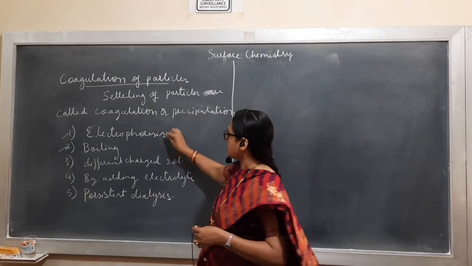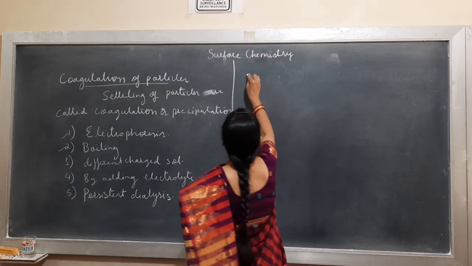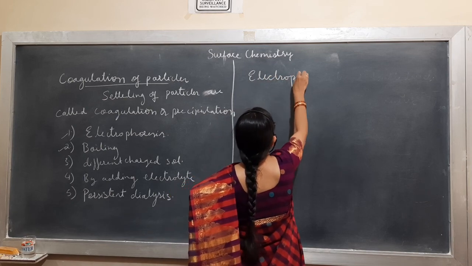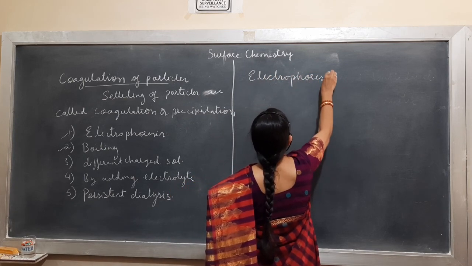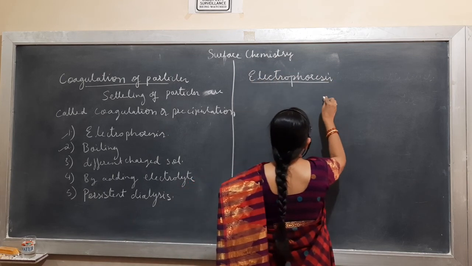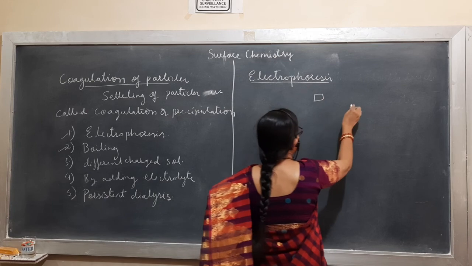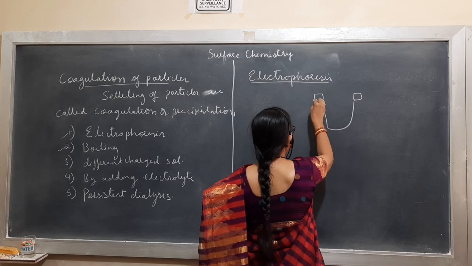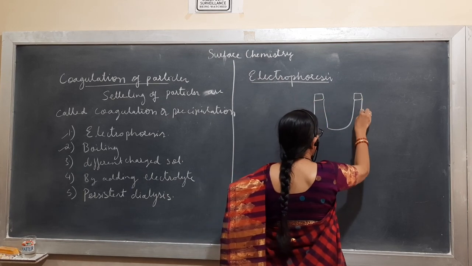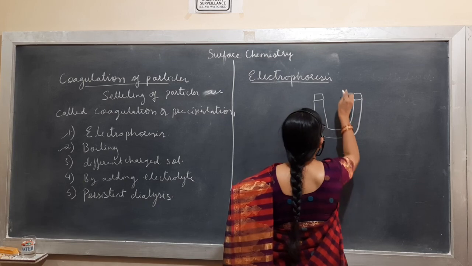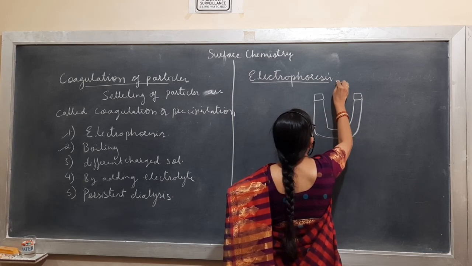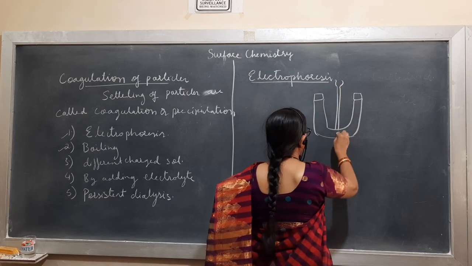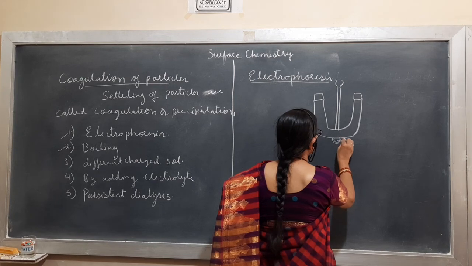Next we shall move on to electrophoresis. I will discuss this. Next property is electrophoresis. The apparatus is taken. This electrophoresis is done to confirm the charge of the particle. We have a U-shaped container. This apparatus has a reservoir, which is connected to a stopper.